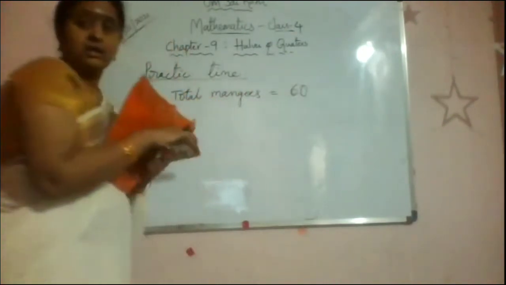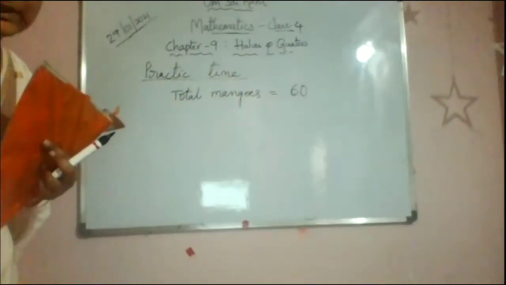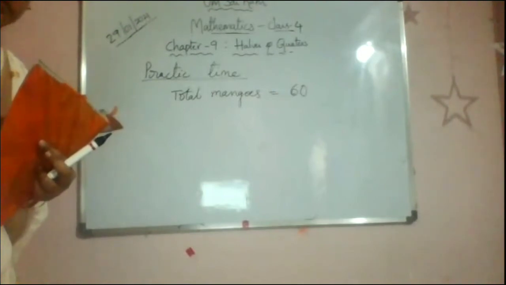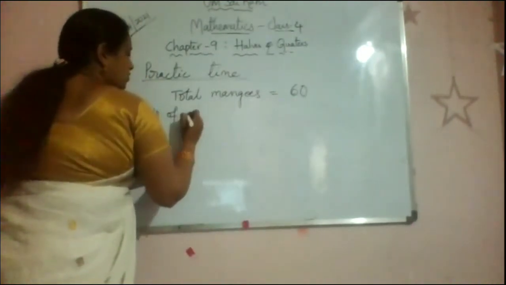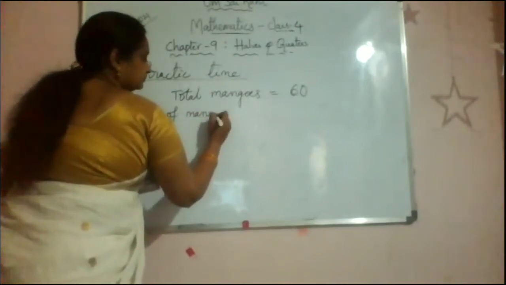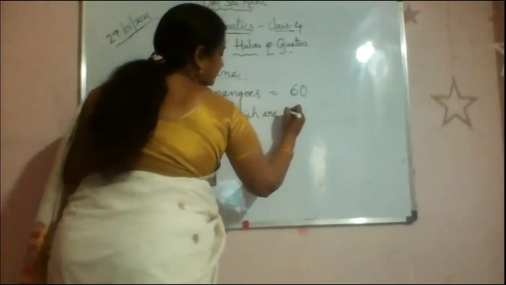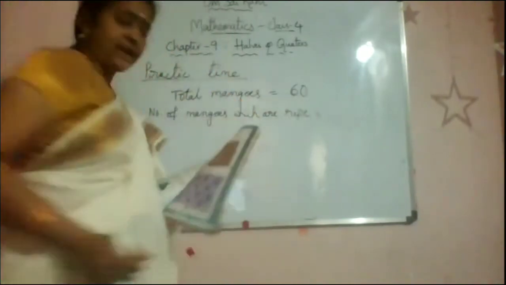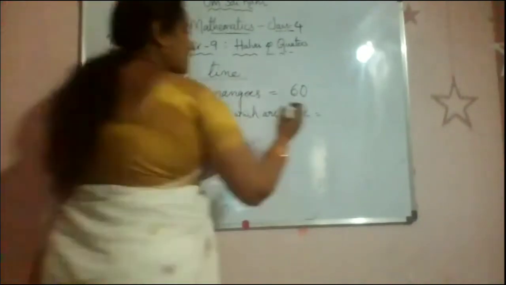How many mangoes do you have in total? 60. First, let us complete the first one. Half of them are ripe.